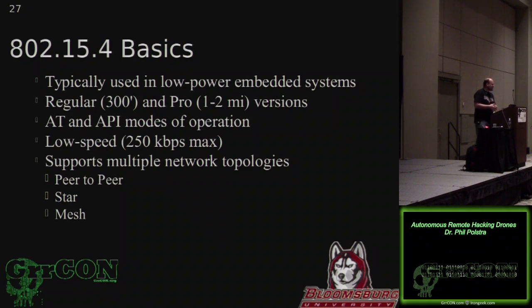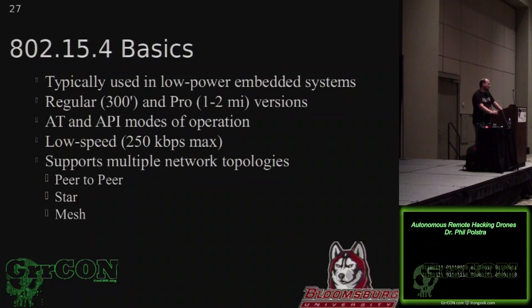But as a developer, you can buy little XBee radios from Digi. They come in two varieties. They have the regular ones that are good for about 300 feet, and the pro ones that are good for 1 or 2 miles. They have two different modes of operation. They have this really simple mode called AT mode, or transparent mode, where it looks just like a wireless serial connection between two modems.